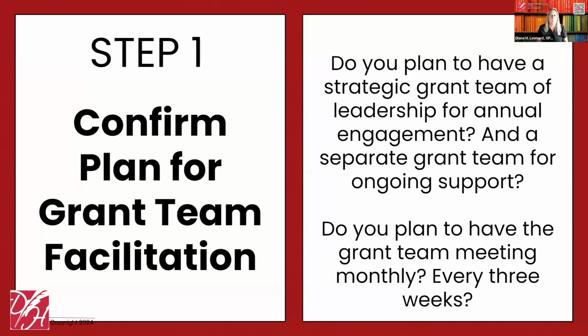So the first step that I'd usually ask a group to consider, if they do not already have a grant team in place, well, all right, definitely I'm not about labels, right? It's okay if the group of colleagues that want to have a stake in seeing grants be successful, it's okay if the grant team language never lands. If that is not what they want to call themselves, if they don't want to say they're part of a grant team, that's okay.